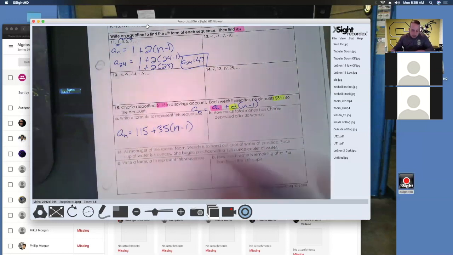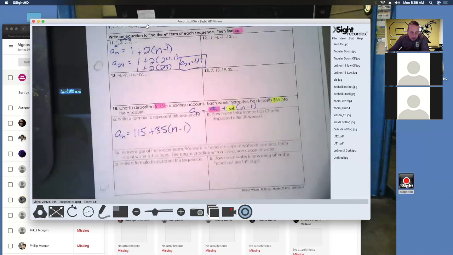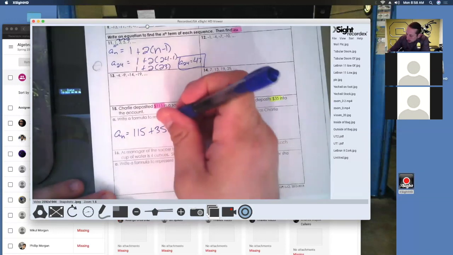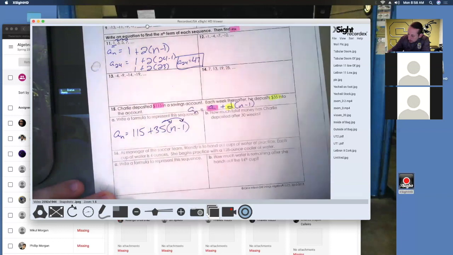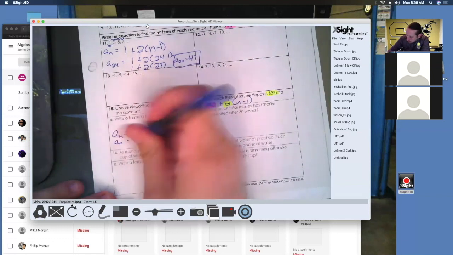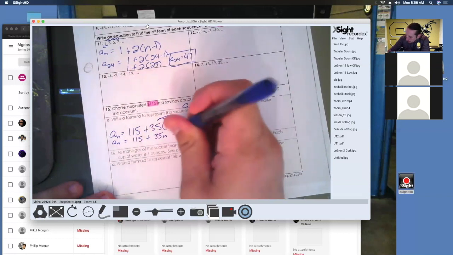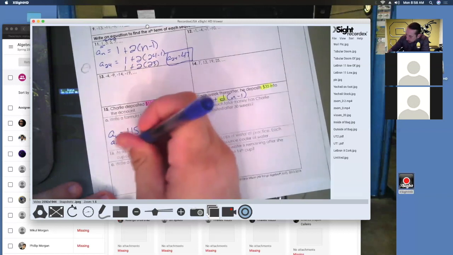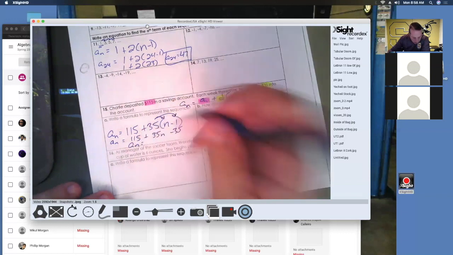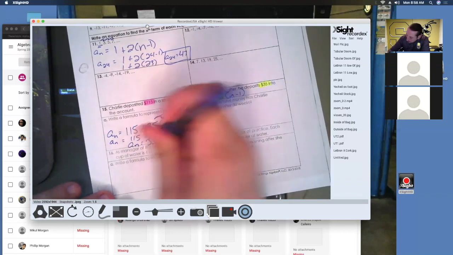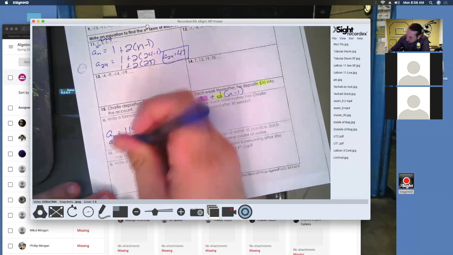Again, this is the homework, but they go ahead and distribute this just to get fewer numbers. I don't mind either way, because either way we're going to get the same answer. 35n minus 35. You do that, you find out a n equals 35n plus 80.